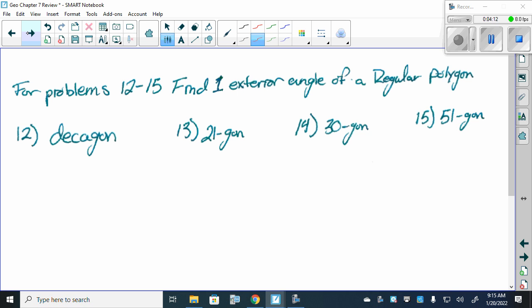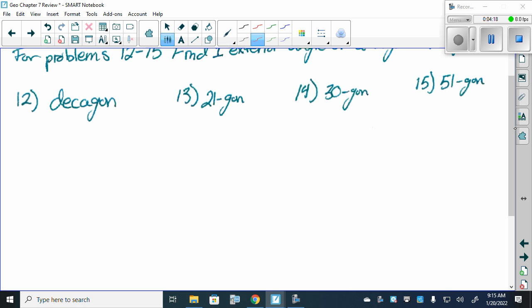Now, if we want to find one exterior angle, we know the sum of any of these here is 360. So for a decagon, this divided by 10 would give us 36 degrees. Because if I only want one exterior angle in a regular polygon, I divide by the number of sides.